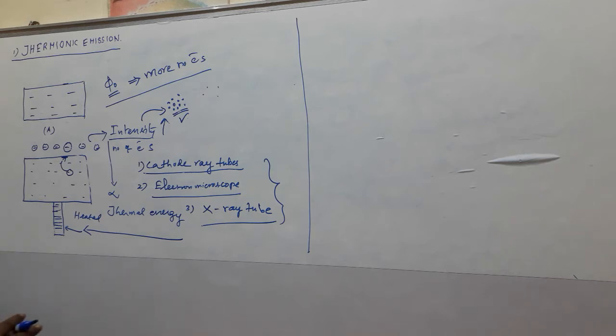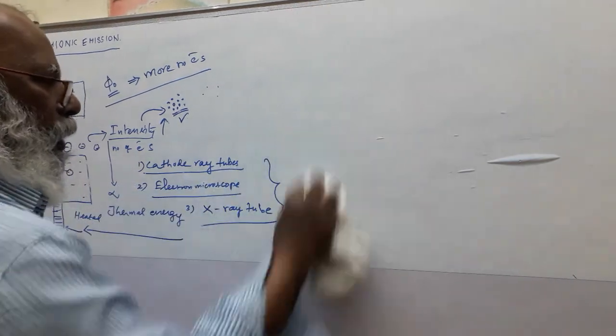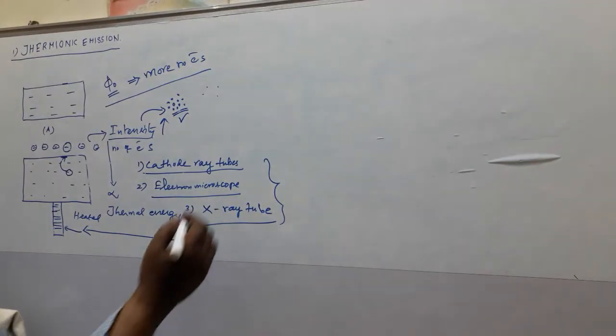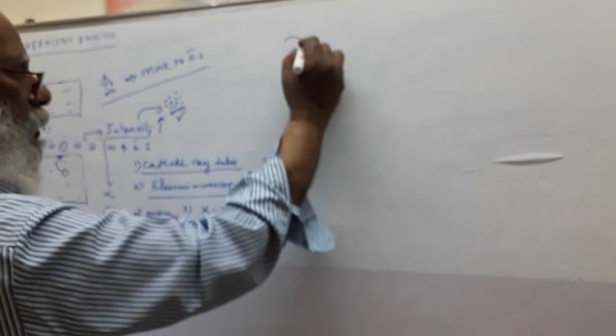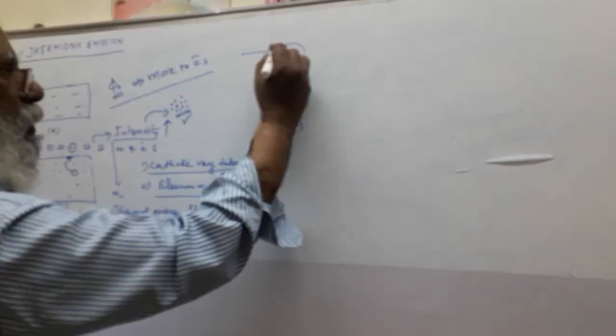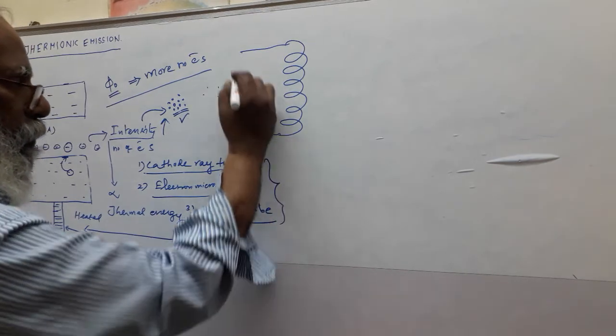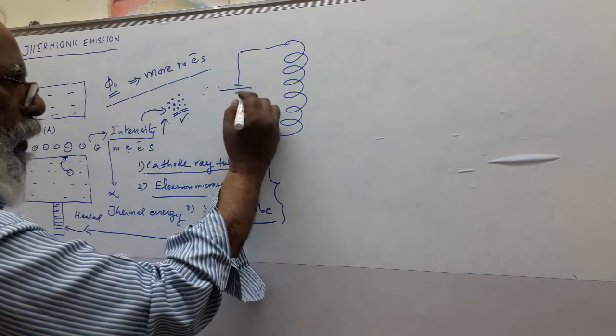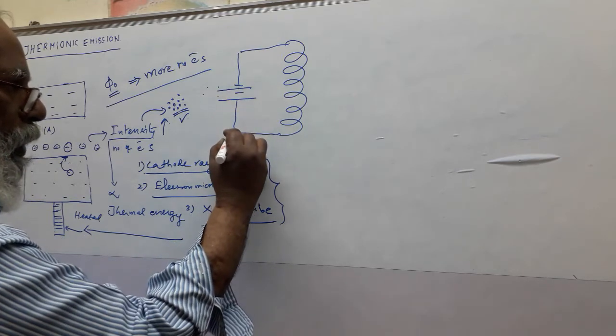Suppose you want to explain thermionic emission in the X-ray tube further. Let us consider a tungsten filament and a copper target connected to negative and positive terminals.